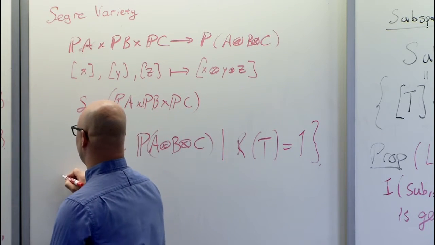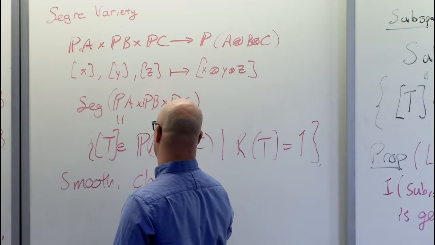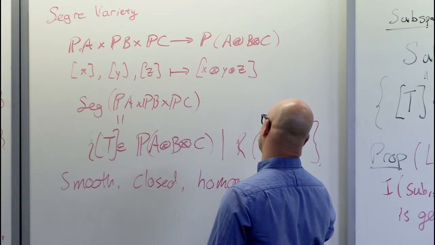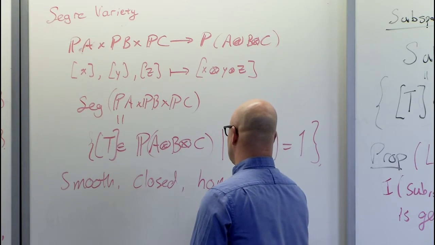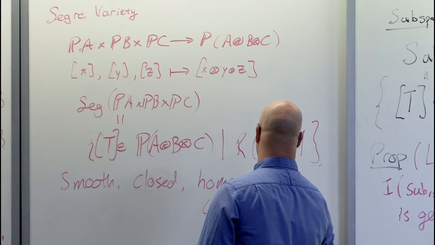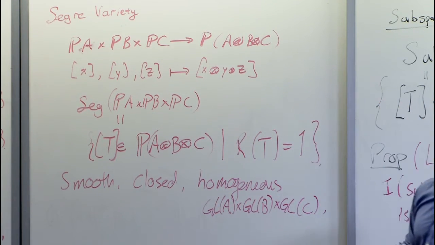This is a nice variety. It's smooth, it's closed, it's homogeneous for GLA cross GLB cross GLC, and it has many other nice properties. So this is the algebraic variety of rank 1 tensors up to scale.